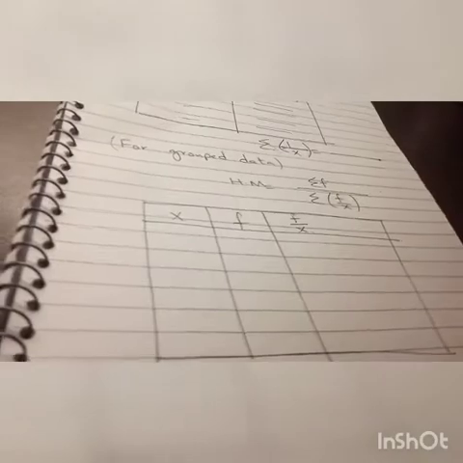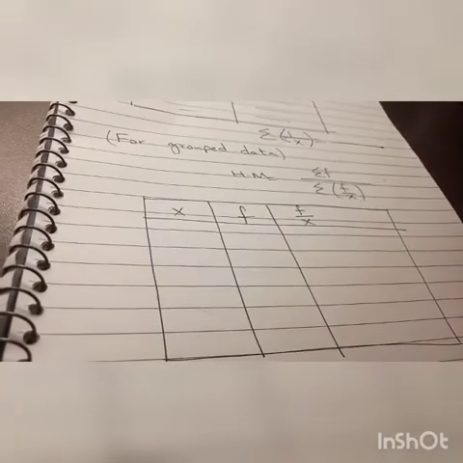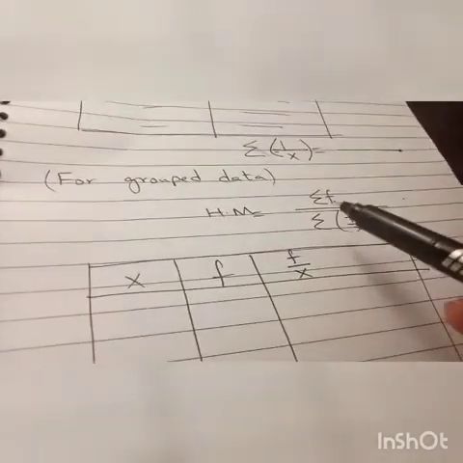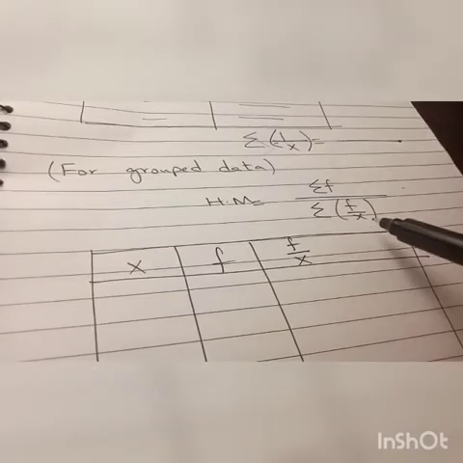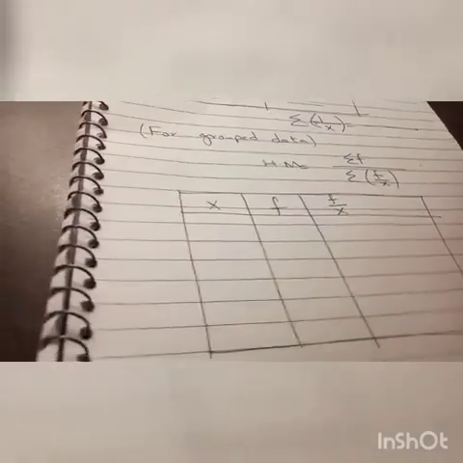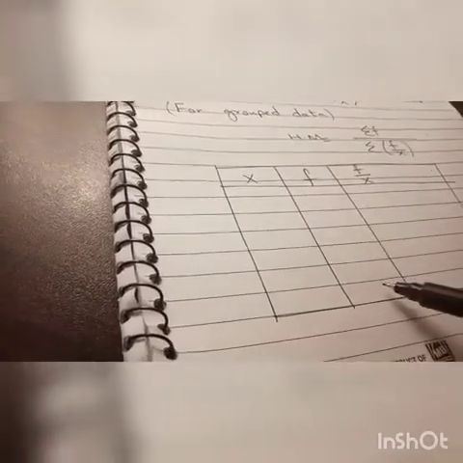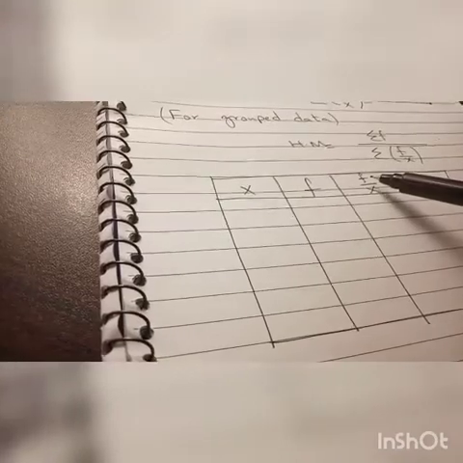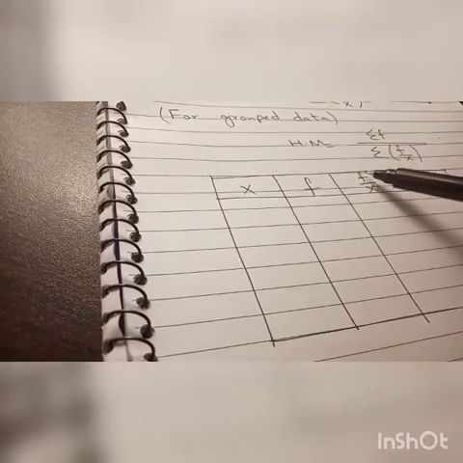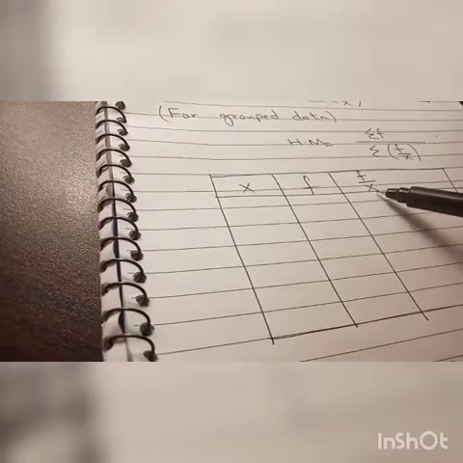Last but not least, harmonic mean for group data. This is the formula: sum of f divided by sum of f by x. Three things are required: the values for x, the values for frequency f, and this reciprocal, f divided by x.